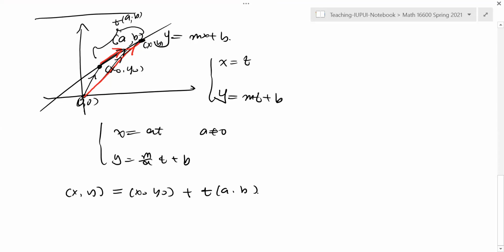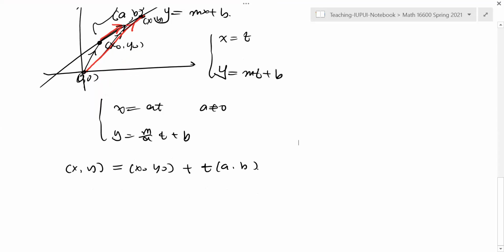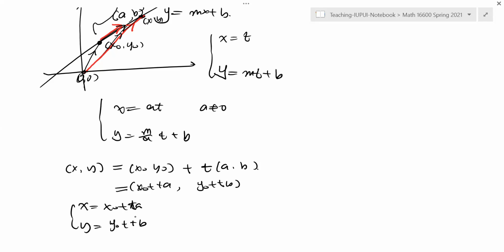Then you get the vector between those two points on the line, and adding them together you get x naught plus ta and y naught plus tb. So x equals x naught plus ta, y equals y naught plus tb. You have to find the direction vector and an arbitrary point on the line. This is another way to find the parametric equation for the line.